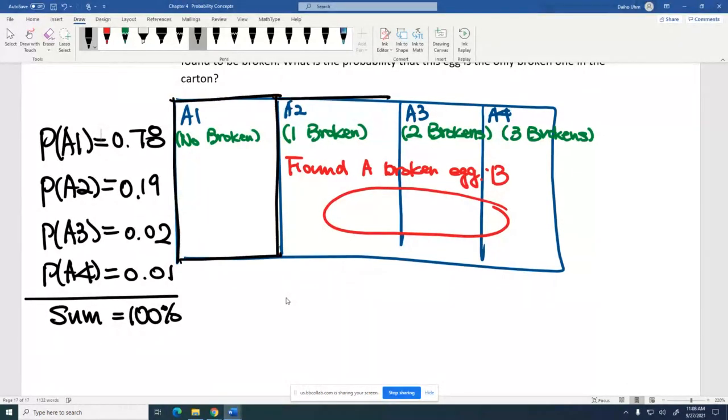The events of A's must be disjoint and what? Exhaustive. Exhaustive means when we put them together, it must be the same as the sample space, the rectangle, 100%. Okay, what do I need?